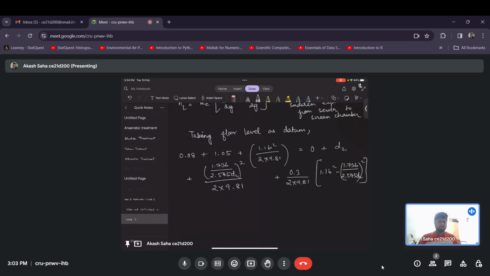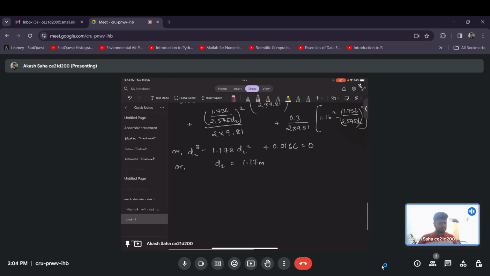Will you simply solve this? We'll get one cubic equation: D2 cube minus 1.178 D2 square plus 0.0166 is equal to 0. If you solve this cubic equation, you will get D2 as 1.71 meter.